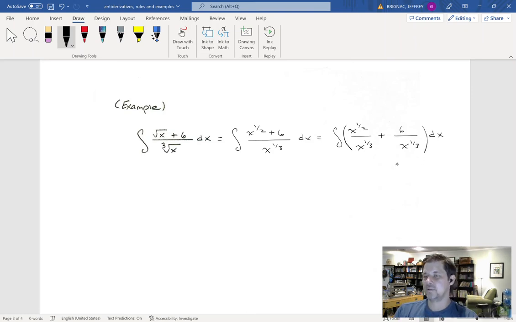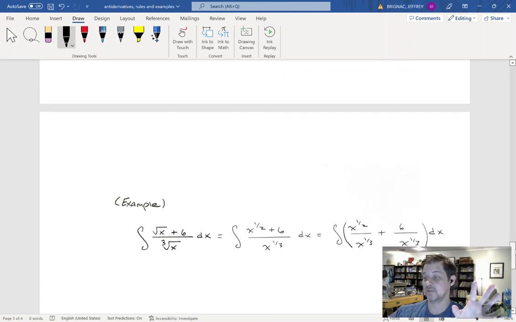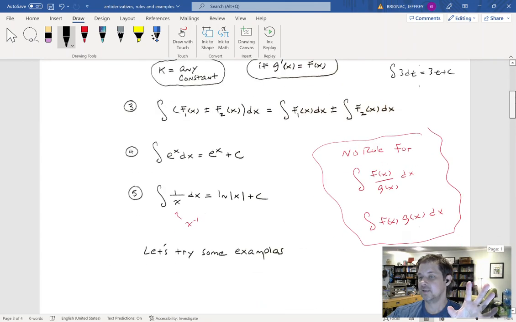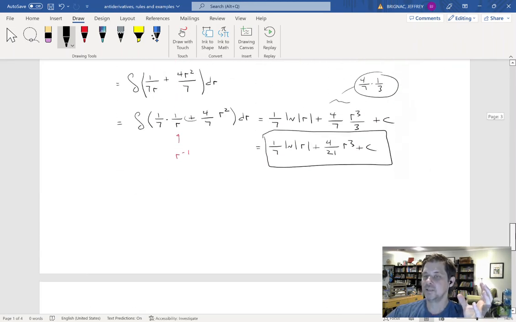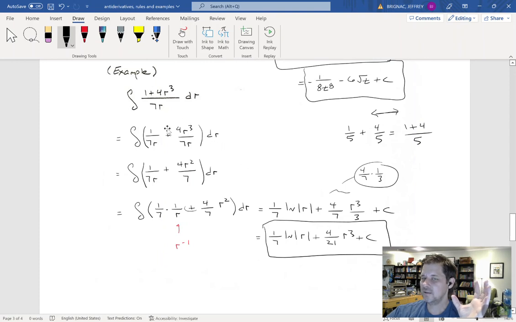Now, at least where I am now, this is still one function divided by another. And that's what I needed to avoid, okay? Remember I said that I don't have rules for the antiderivative of one function divided by another or multiplied by another. If I'm ever in that situation, I have to break out of it somehow. But same thing here, like remember I had r to the 3rd over r?